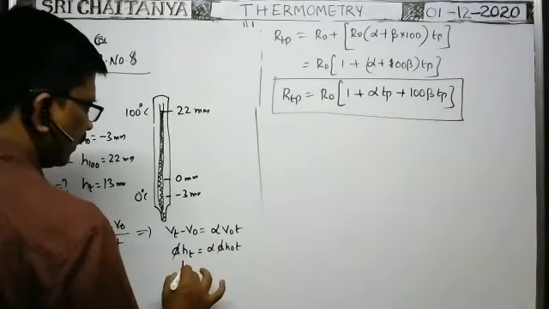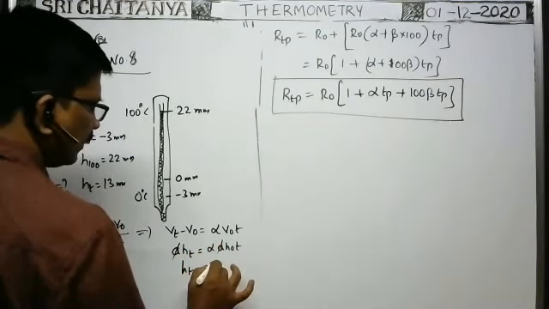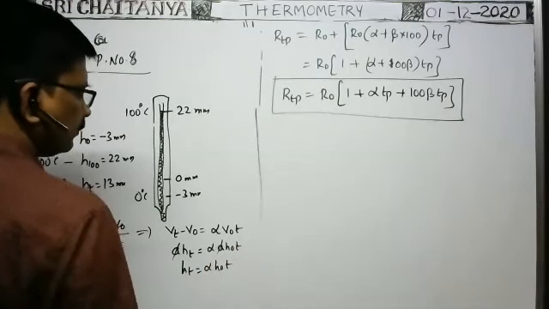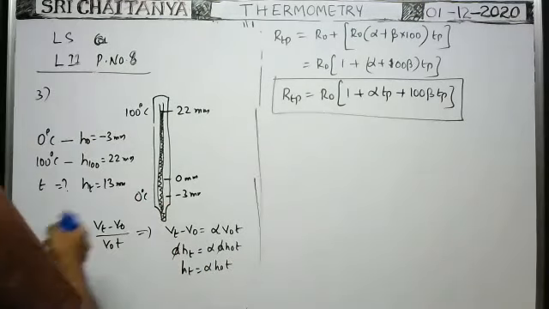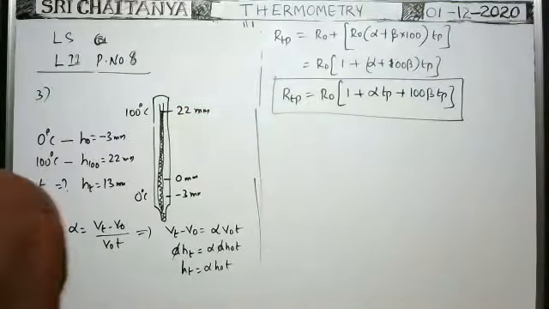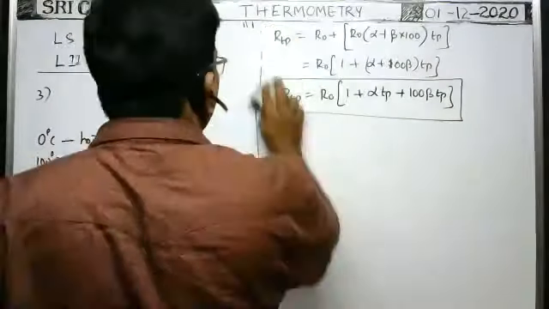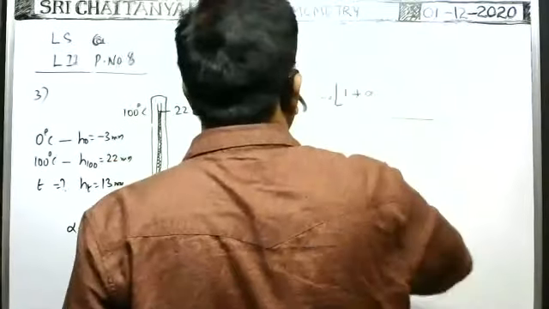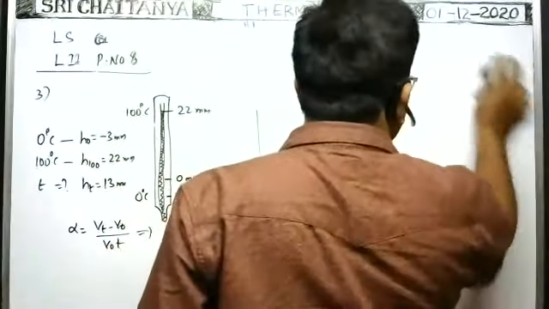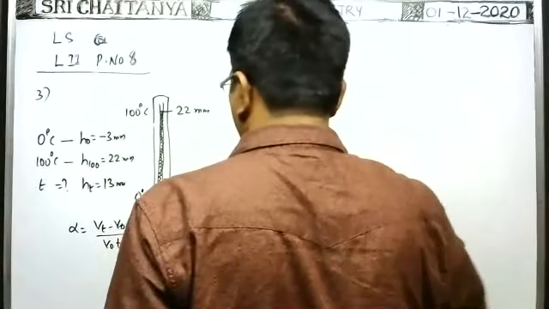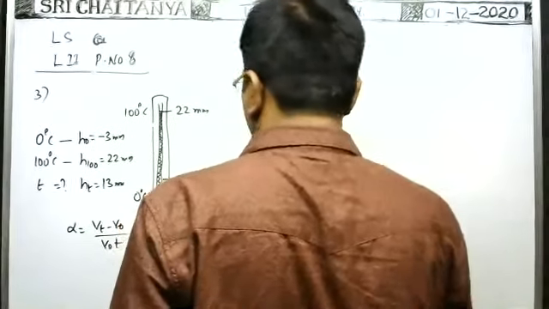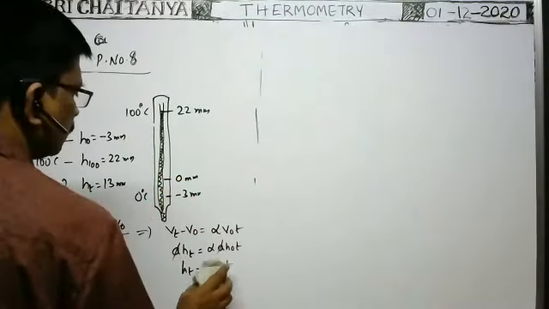So HT is equal to alpha H naught into T. Okay, now HT minus H naught, no?